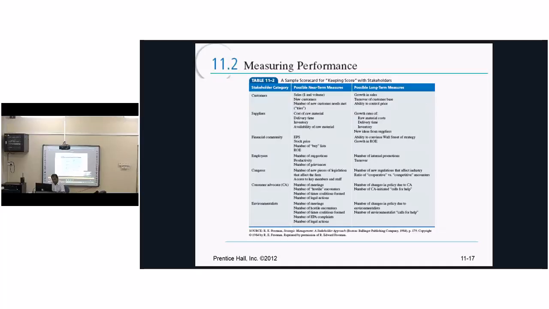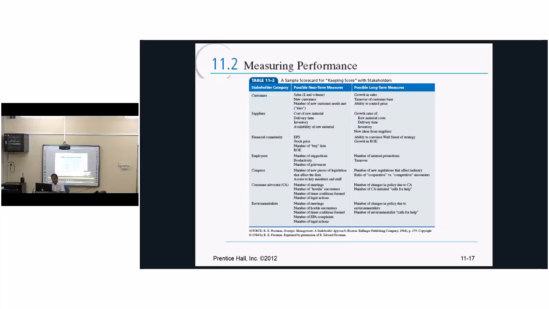So there was a requirement to measure performance using a broad set of indexes. Obviously, you look at the financial perspective, but you try to introduce some other elements as well, which is known as the stakeholder scorecard.